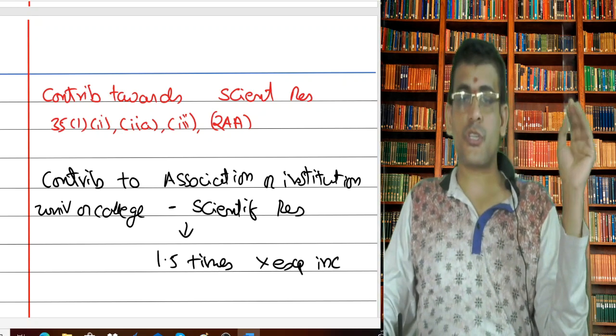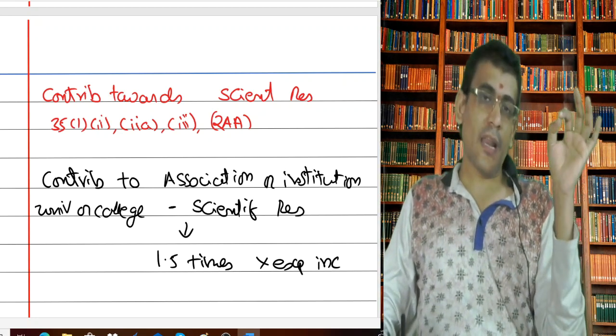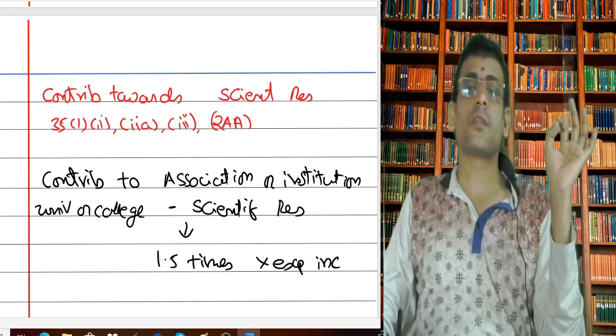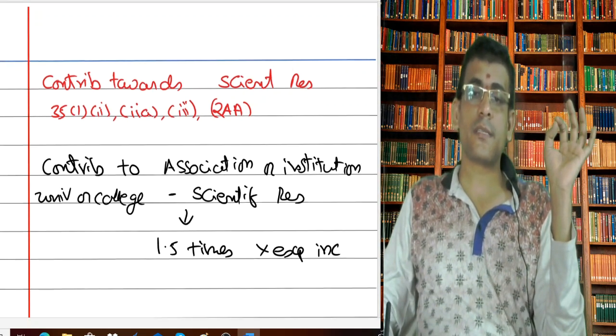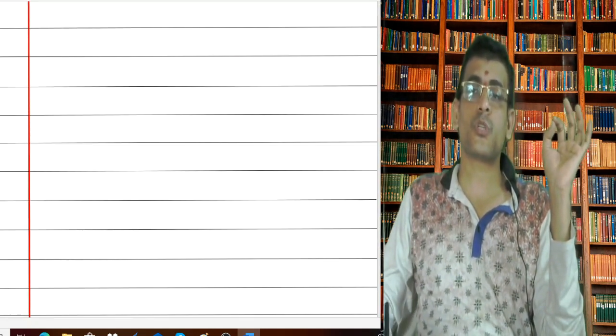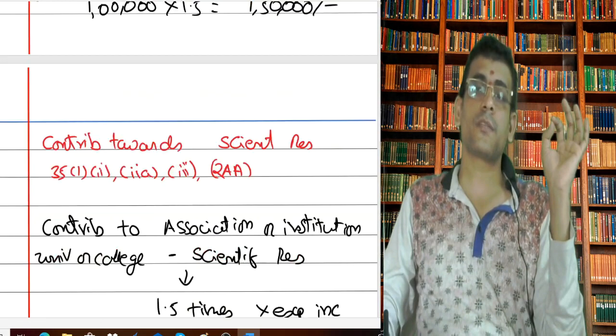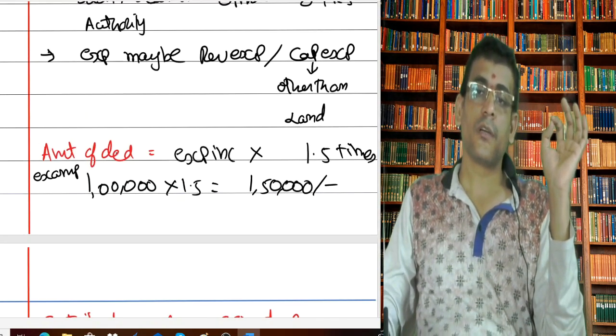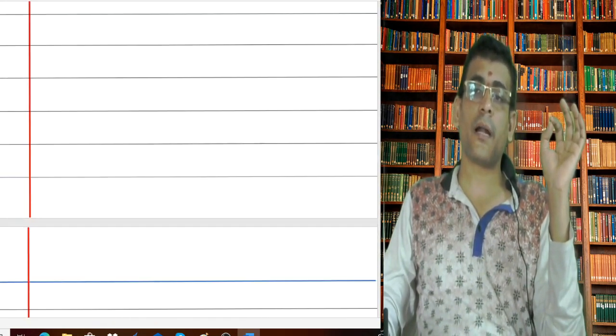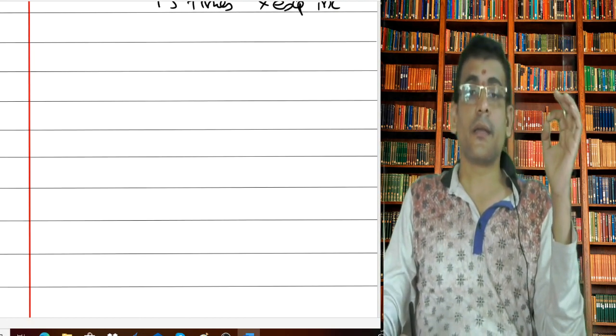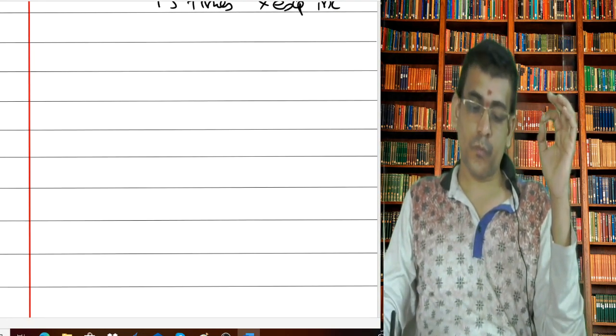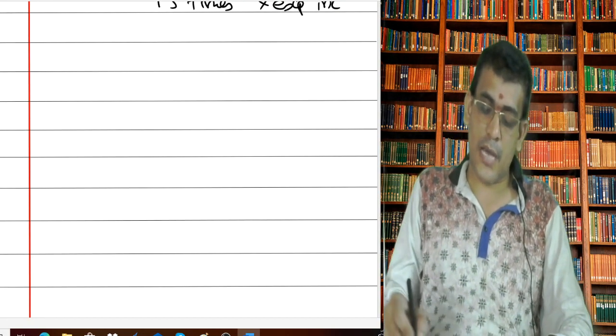Same as in-house research: if you incur 1 lakh, 1 lakh into 1.5, 1,50,000 is allowed as deduction. That is contribution to an association or institution for scientific research. This is your section 35 subsection 1 clause 2. Now, let us see the other one.